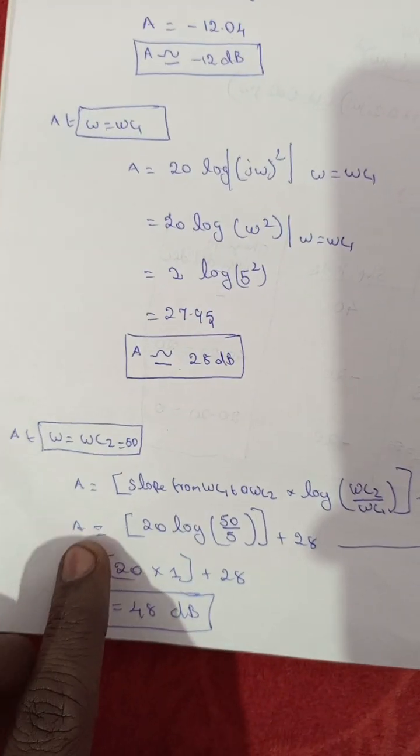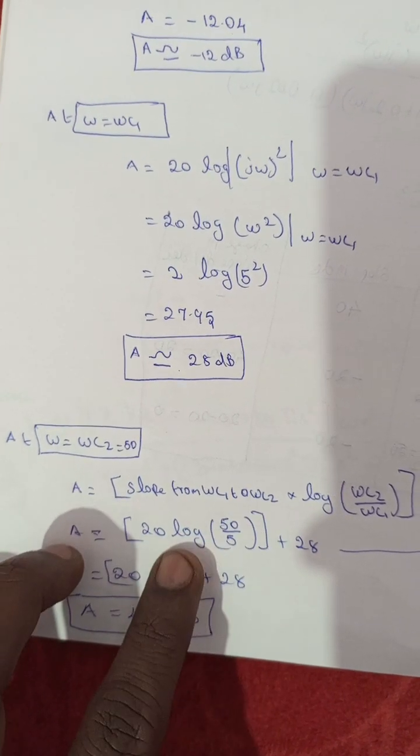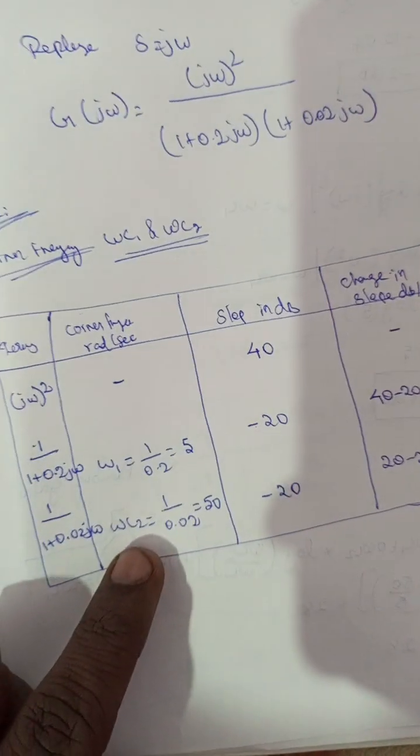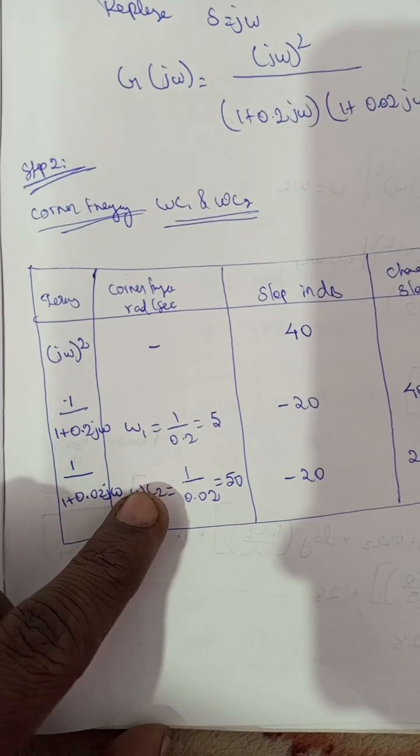So first the slope from WC1 to WC2, you can see here the slope from WC1 to WC2.